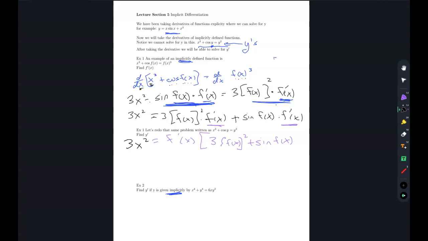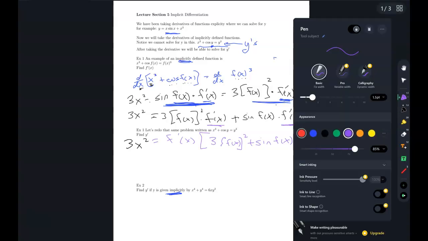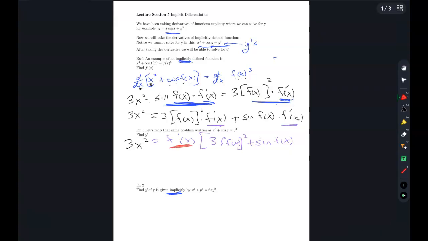I'm solving for this f prime of x, that's what I'm trying to solve for. So I'm just going to divide by this whole thing, all of this. So it gives me 3x squared over 3 f of x, quantity squared, plus sine of f of x, and that all equals f prime of x. Okay, big and ugly, right?